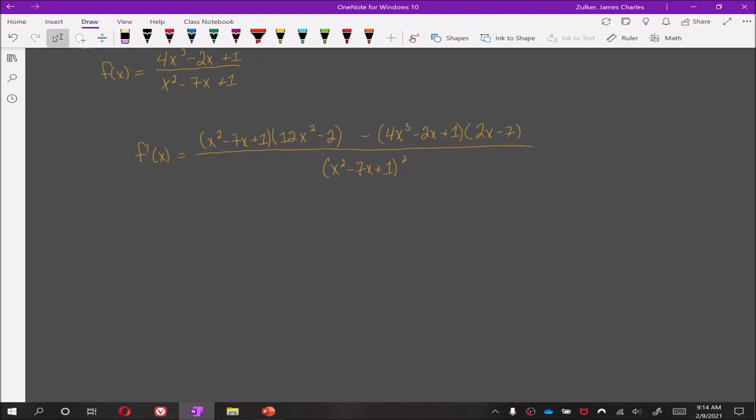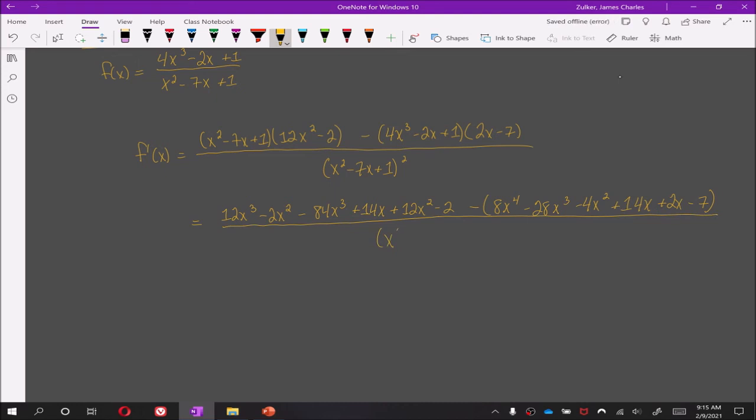Now it's just a matter of simplifying this. So expanding out that first term, expanding out that second term, and let's just leave the denominator alone.